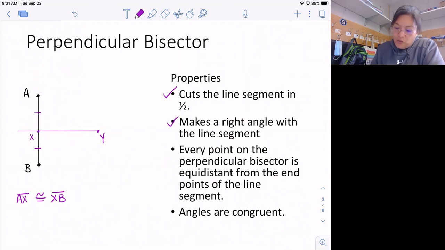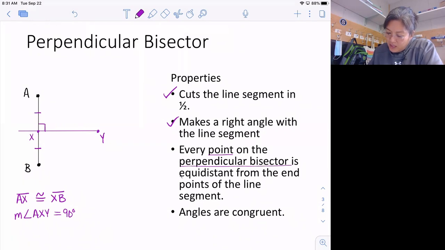Property number two: it makes a right angle with the line segment. Therefore, we will say the measure of angle AXY is equal to 90 degrees. Now, every point on the perpendicular bisector is equidistant from the endpoints of the segment.